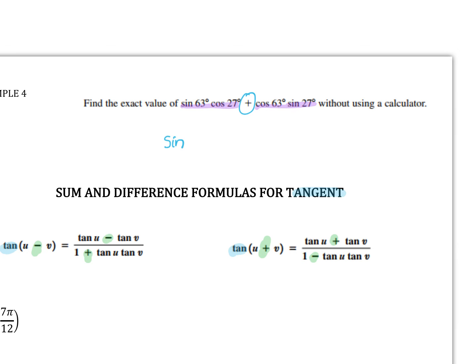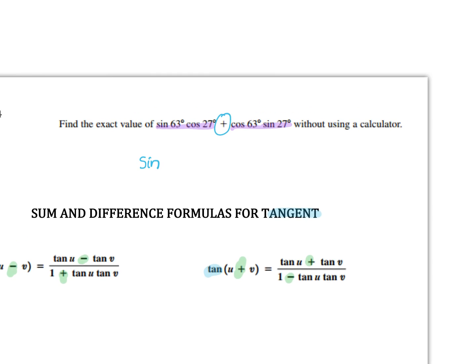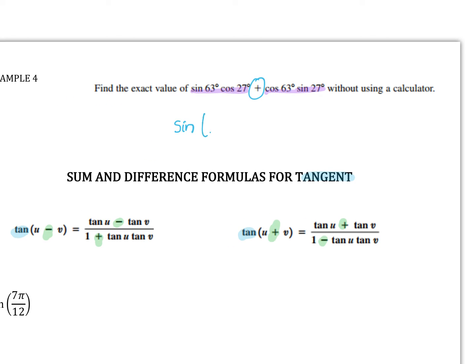Careful, go back and look at your sine formulas. With the sine formulas, they're the same on the left and the right. So if it's plus here, that means it's going to be u plus v here. Do you see that? With the cosine formulas, they're opposite, but with the sine, they stay the same. So we want to add those.